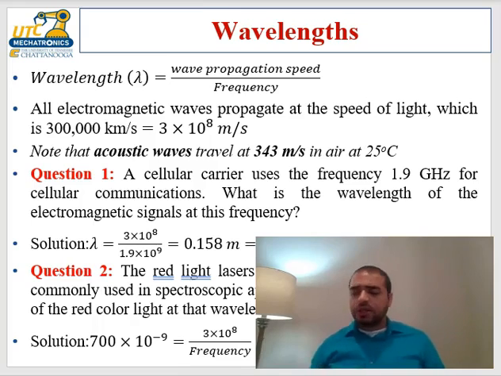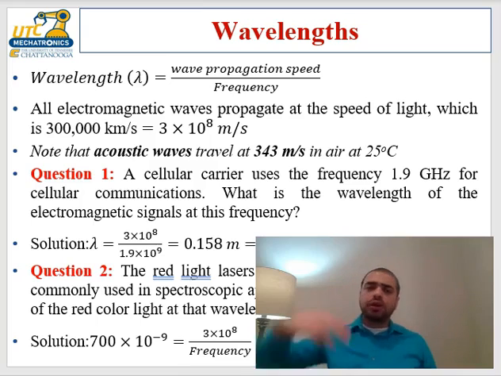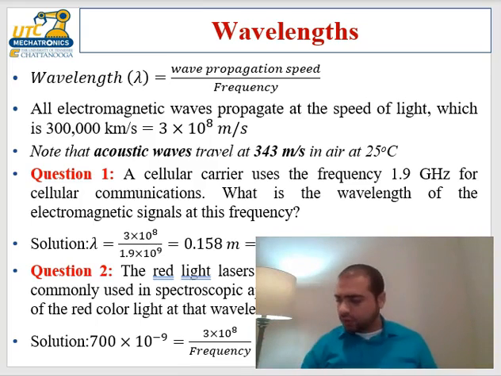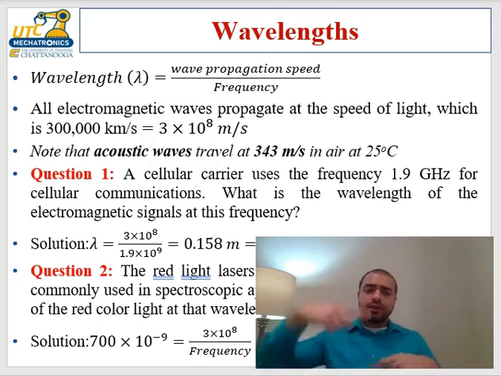If you see, for example, a military vehicle with long antennas, like 2-meter long antennas, you can tell the frequency right away. The wavelength is the length of the antenna.